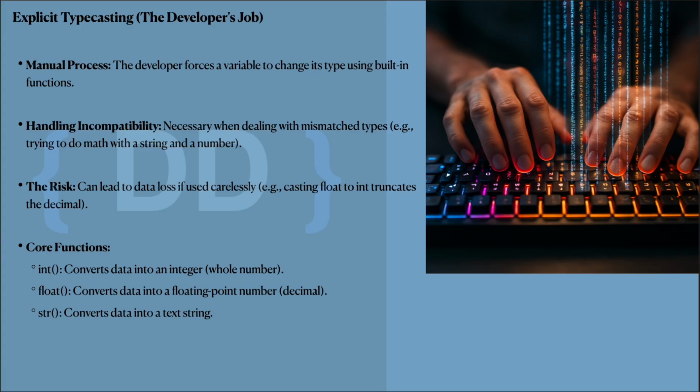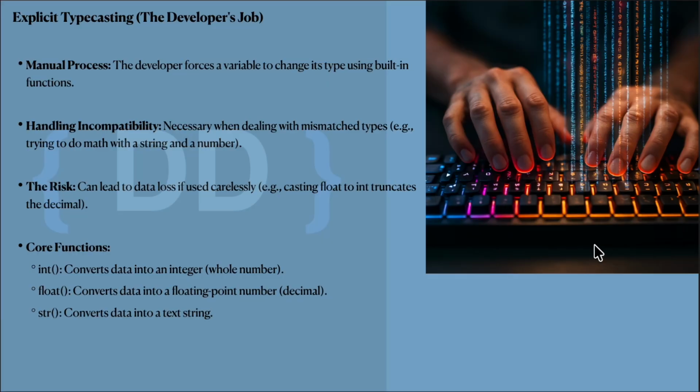Now we're going to discuss explicit typecasting. But what if the types are not compatible? For example, if you're trying to add a string with an integer, what happens then? Python will throw a type error if you try to do that.